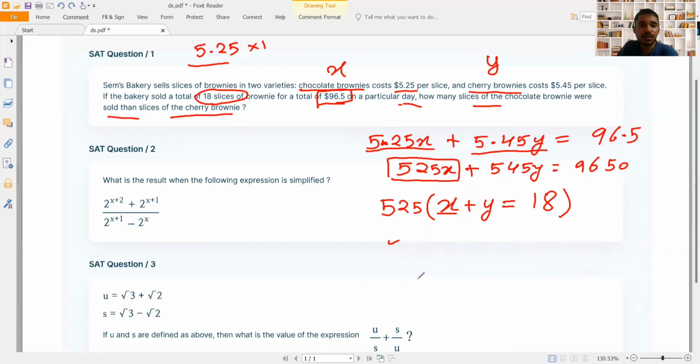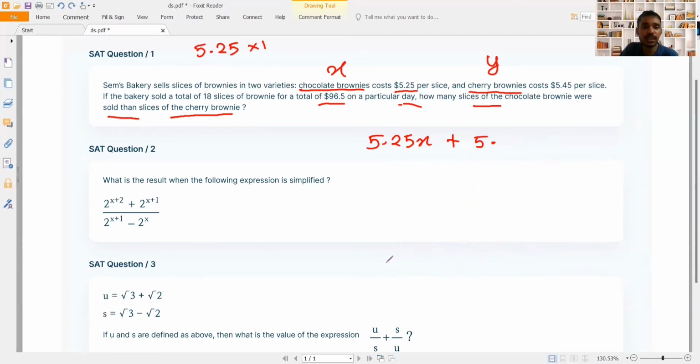Now, the next question says, what is the result when the following expression is simplified? We can easily see here that 2 is the base and the exponents are different. So we will figure out what is to be cancelled from the numerator and denominator.